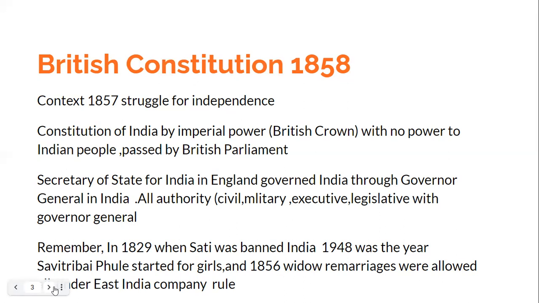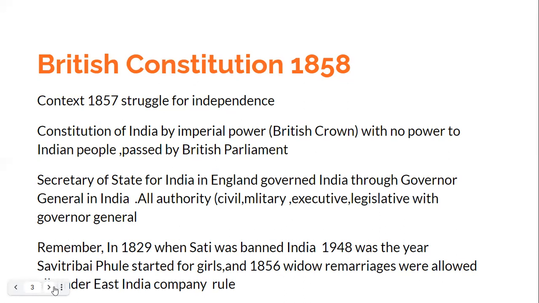If you look at the year in which sati was banned, sati was a very bad practice where the women, the brides, were burned when their husbands died, especially those from a royal family. This practice was banned in India in 1829.